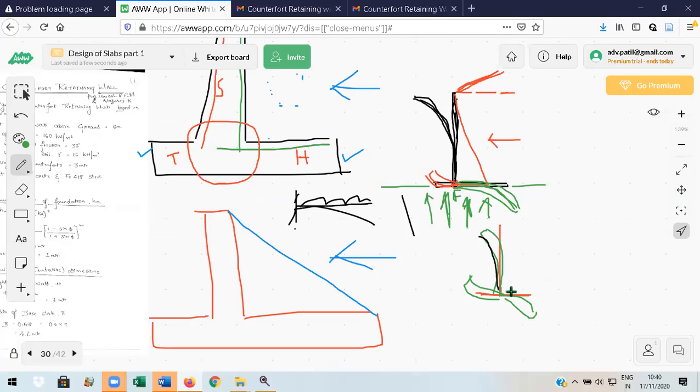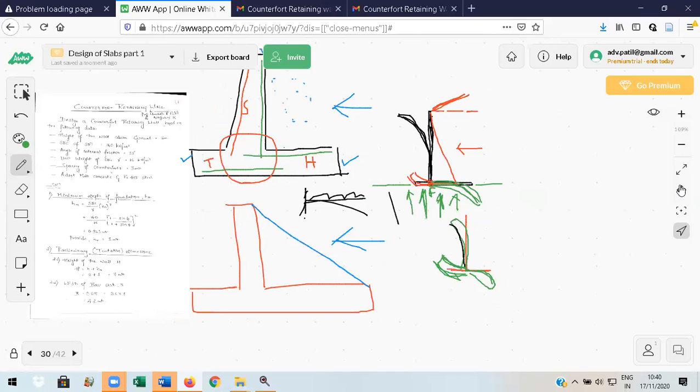Why? Because the top is the tension fiber and the bottom is the compression fiber, so the tension zone is above. Now if you look at this diagram, the heel is stretched more, this one inside is compressed. It means the reinforcement is here.